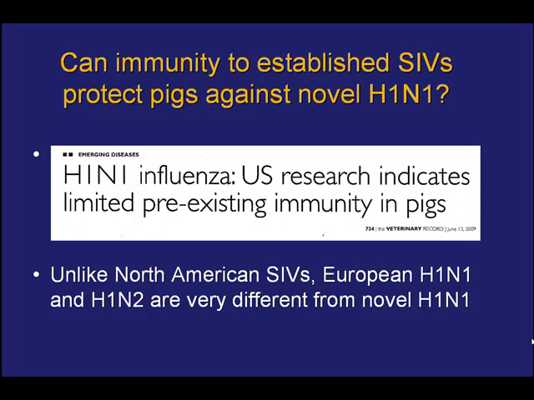But one critical question is to what extent immunity to the established enzootic swine influenza viruses could offer some extent of cross-protection against novel H1N1. And I'm not going to talk about the US situation. I will focus on the European H1N1 and H1N2 viruses, and those viruses are actually antigenically very different from your North American viruses, and they are much farther away, much more distinct from novel H1N1.